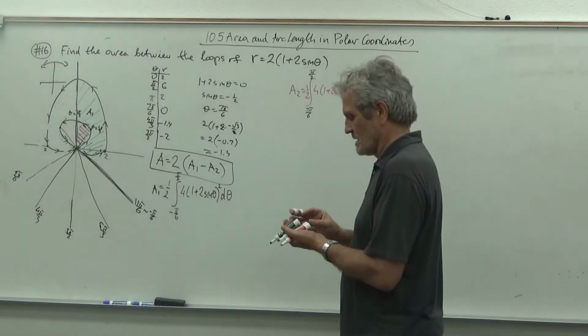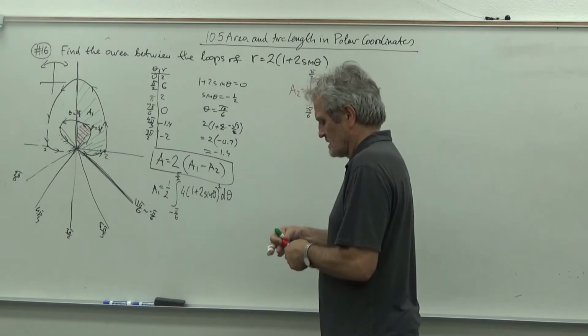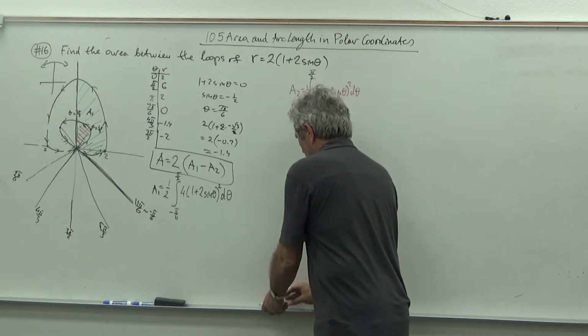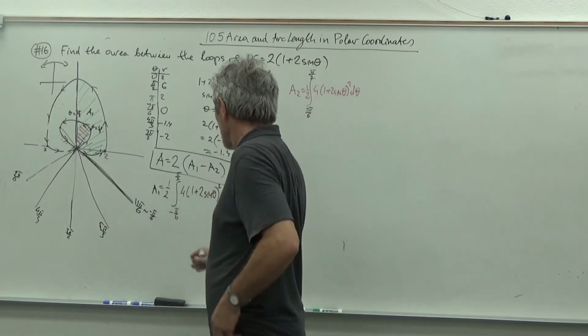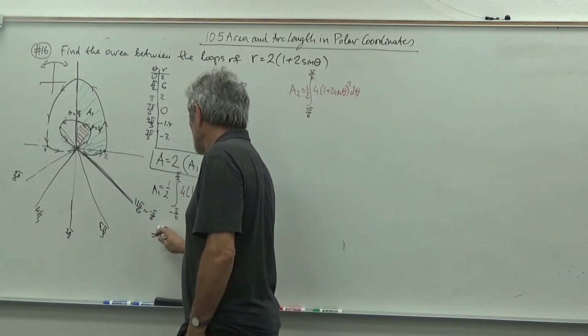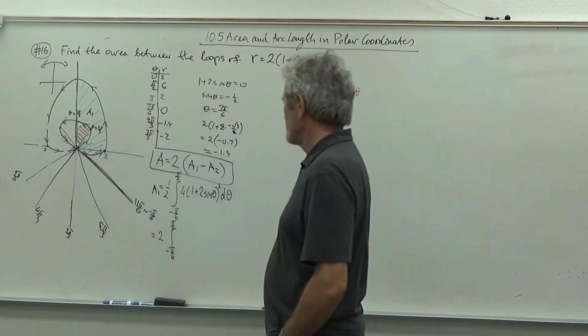So let's see how we calculate this. So this integral here will be, first I'll cancel 4.5, of course, and I'll pull that 2 out, integral between negative pi over 6 and pi over 2.